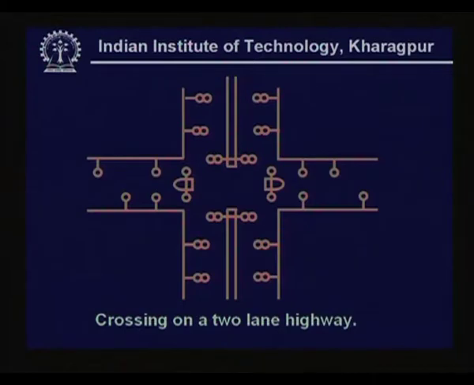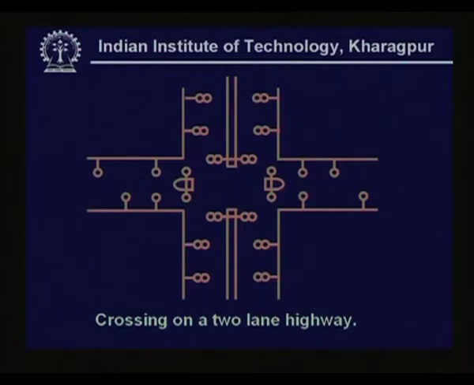This again shows a junction crossing a two-lane highway with a single lane road, and as you can see, both the two-lane highway as well as the single lane highway are lit using what are called staggered arrangements of lamps in case of the single lane highway, and opposite arrangement for the major highway.